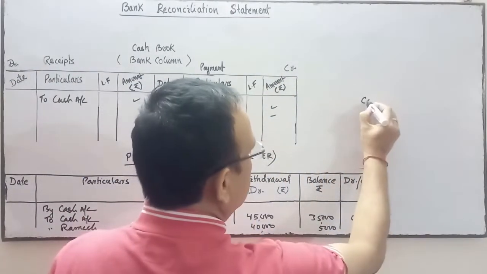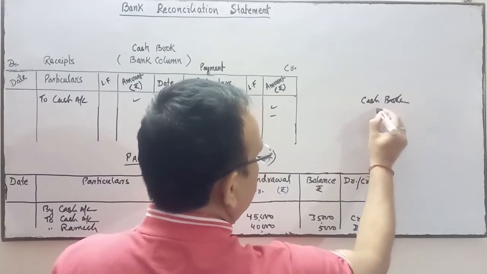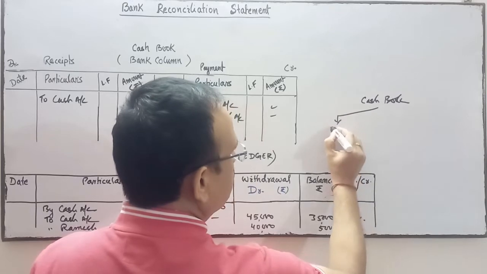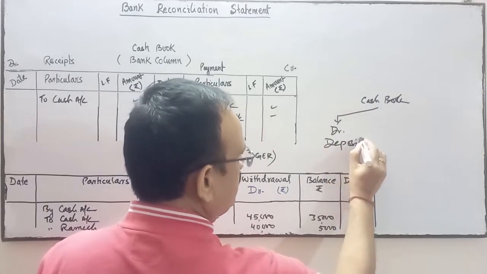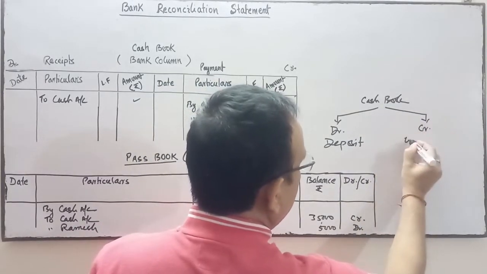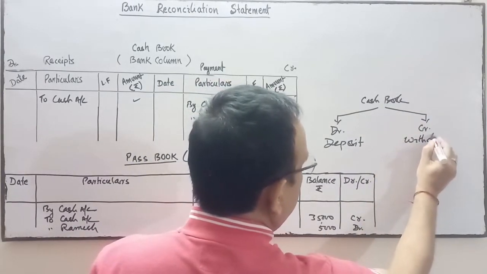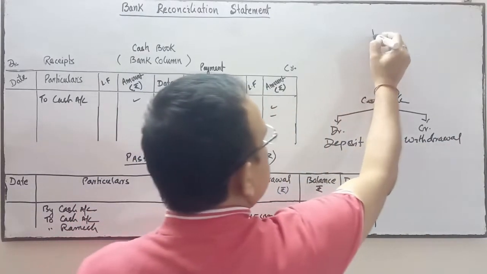In the cash book, debit is deposit, and credit is withdrawal. In the passbook, just opposite.